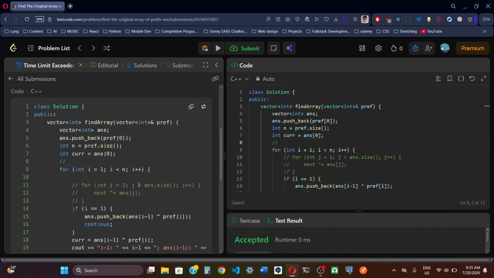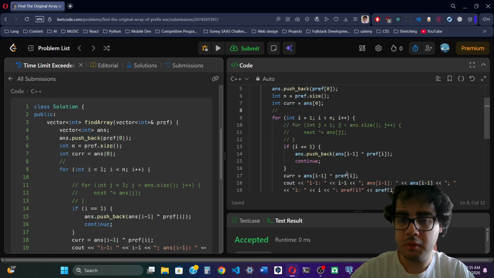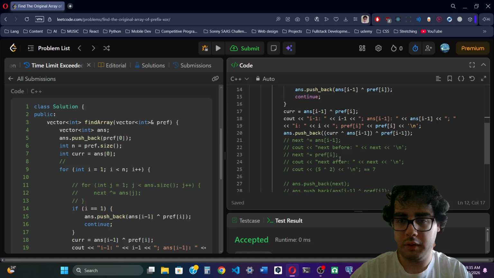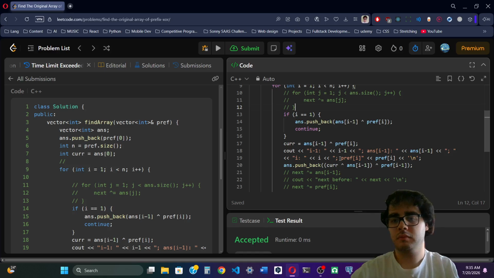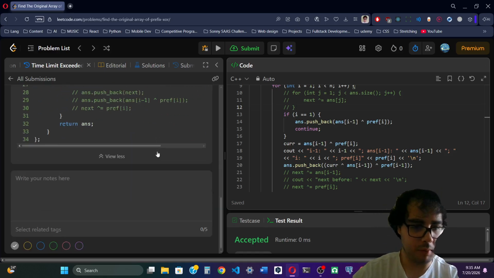I have no idea. Why does it give time limit exceeded? I'm using all of it. I am using big O of N runtime, bro. Why is it giving time limit exceeded now? Pretty sure this is big O of N.